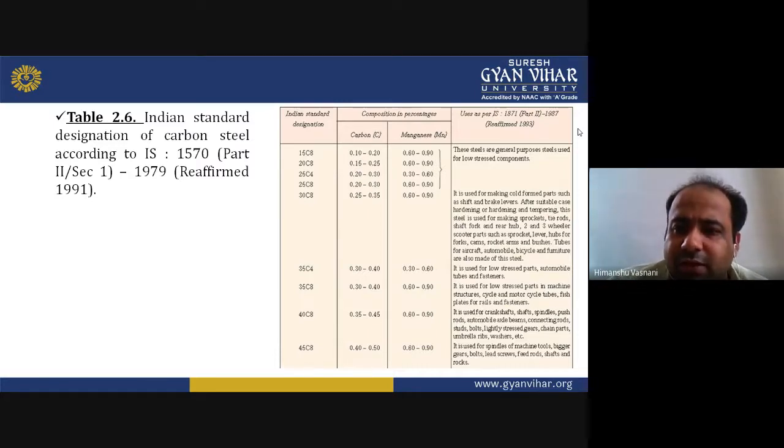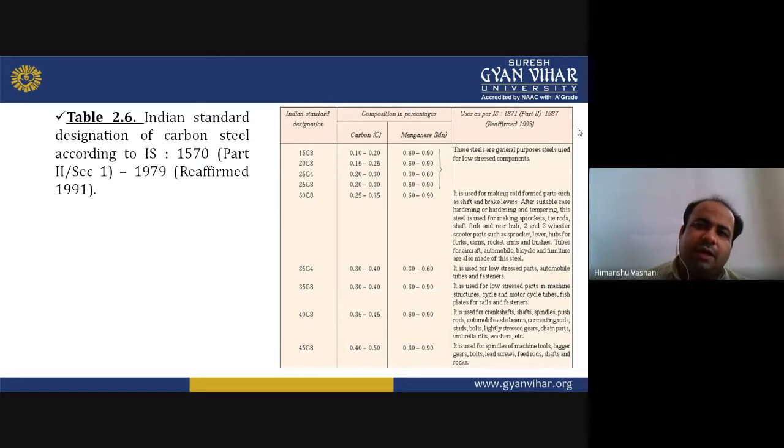Then 35C8 is used in machine structures, motorcycle tubes and fish plates. Then 45C8 is used in spindles of machine tools, bigger gears, bolts, and lead screws. So you can see the applications are increasing. Okay, and this is how they have segregated the material and their usage.